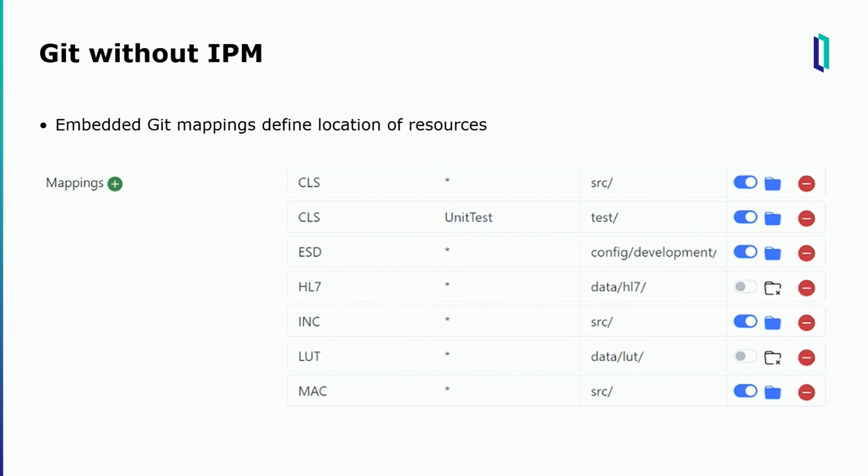You can add onto those and customize them as you need. So for example, here we say that our classes live under a subdirectory called src, unless they're a unit test class, and in that case, they live under a separate subdirectory named test. And then we have other mappings for system defaults, for HL7, for inc routines, etc.